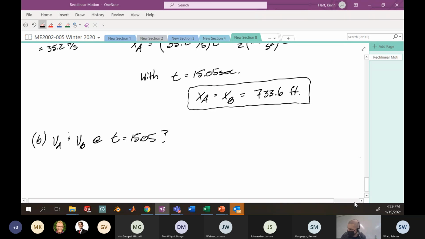Again, we'll lean on our constant acceleration equations, one of them being the equation that relates velocity, time, and acceleration. That would be the initial velocity of A plus the acceleration of A times time.